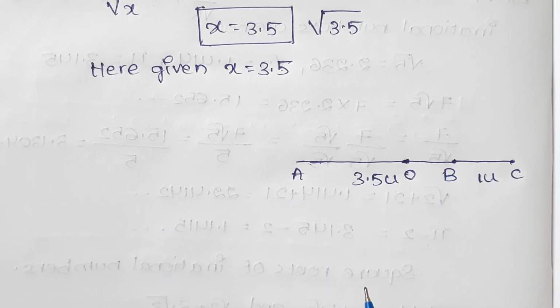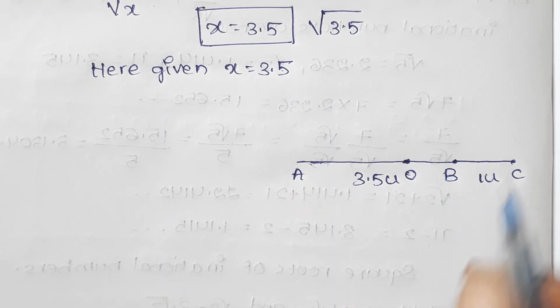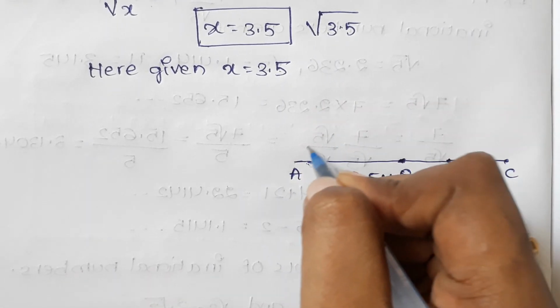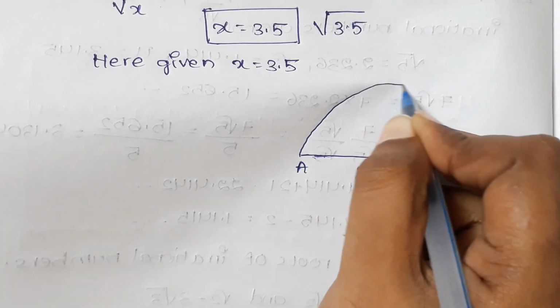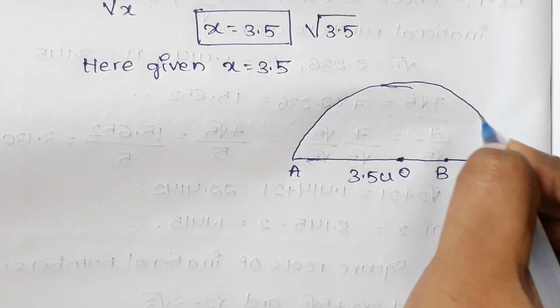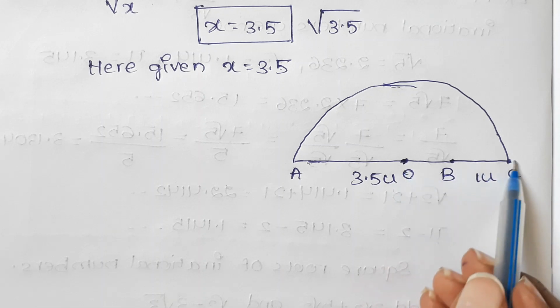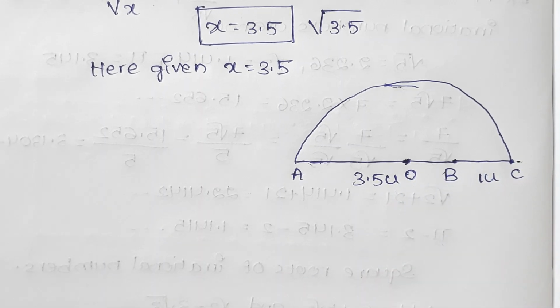And we should now draw a semicircle with center O and OC as the radius. This is the semicircle.